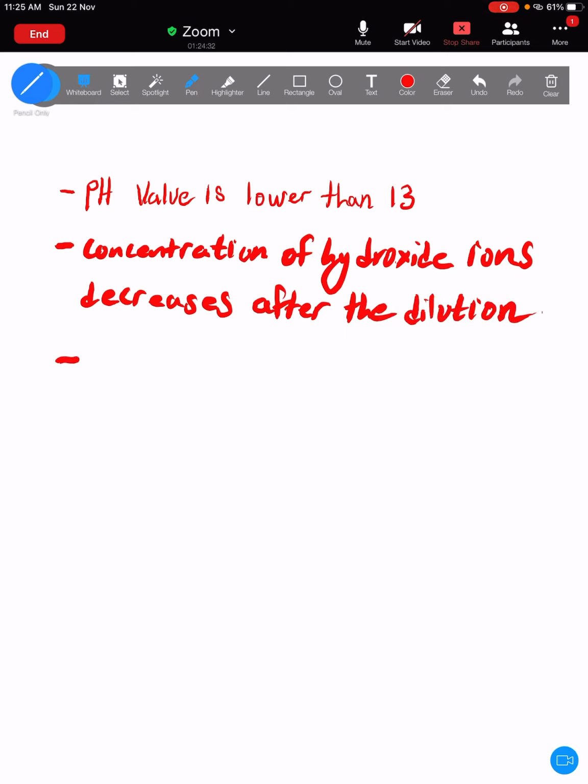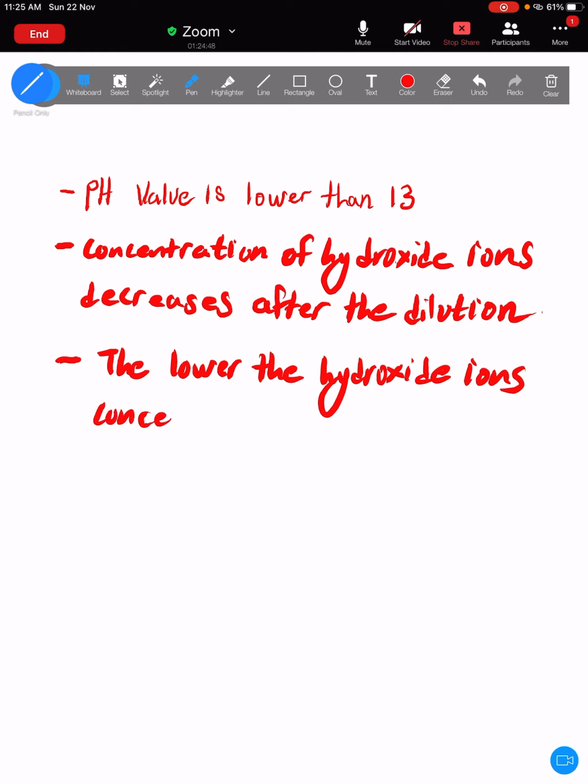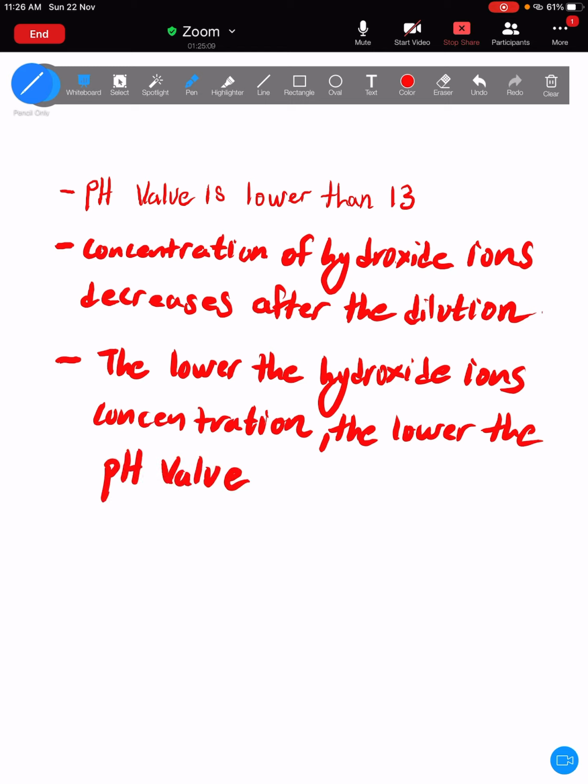Then you make a sentence, a conclusion: the lower the hydroxide ions concentration, the lower the pH value. Good. Done.